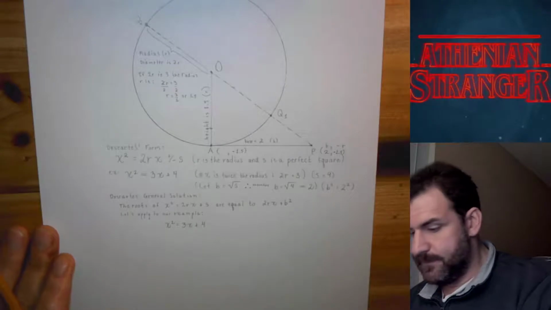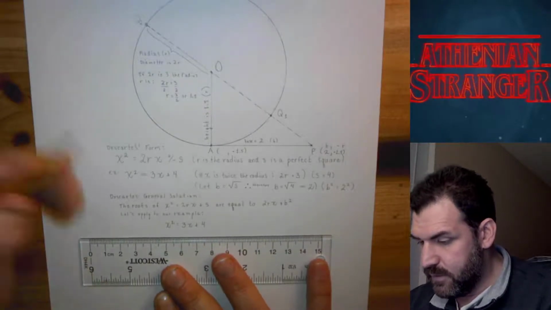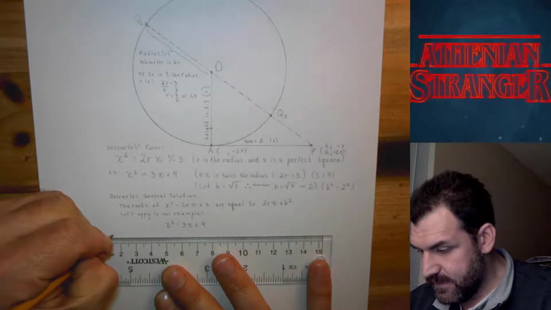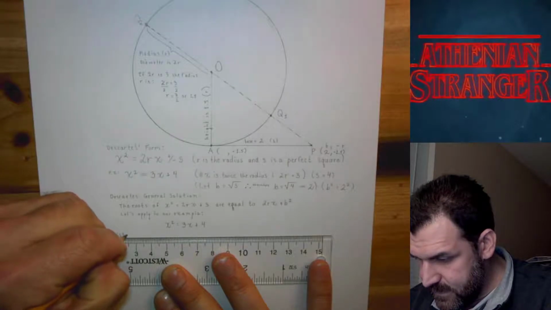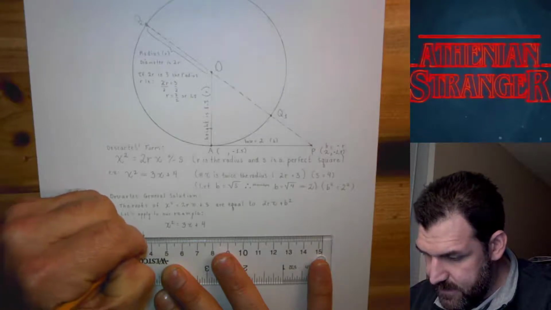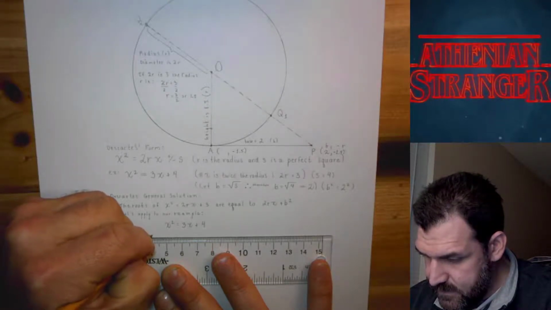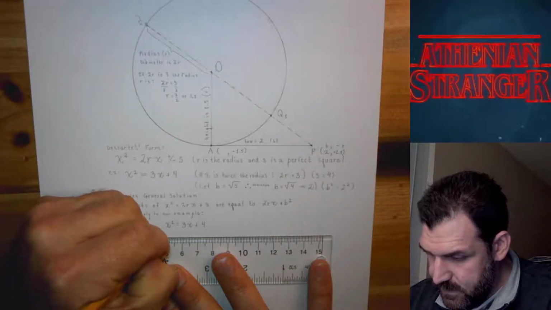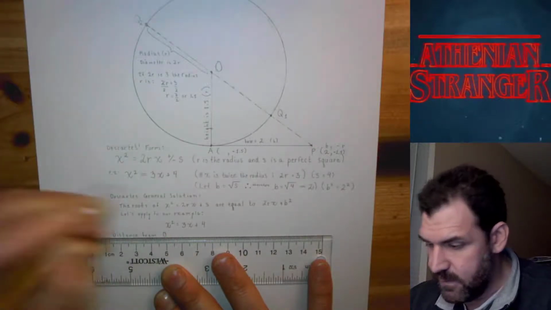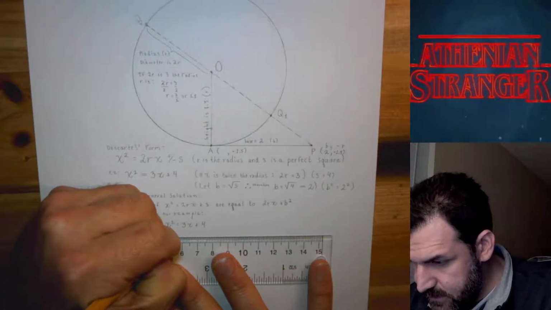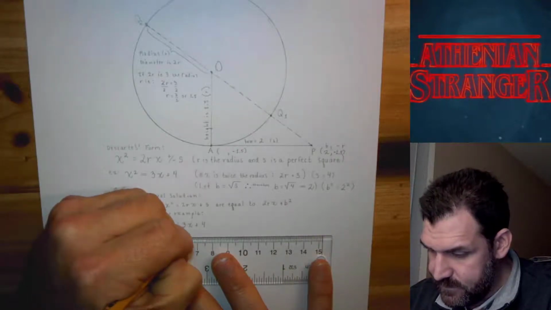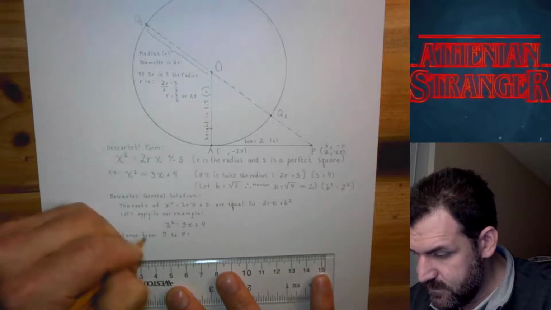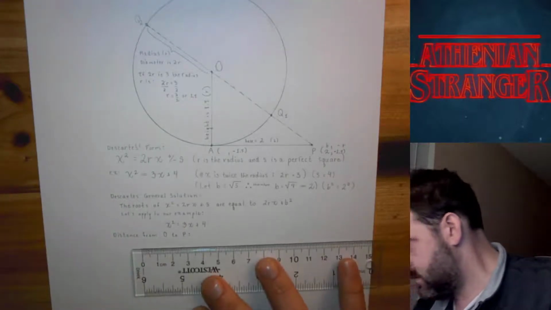So we can write something like distance from O, not the sign of 0, that's an O, to P. Well, how will we figure that out?